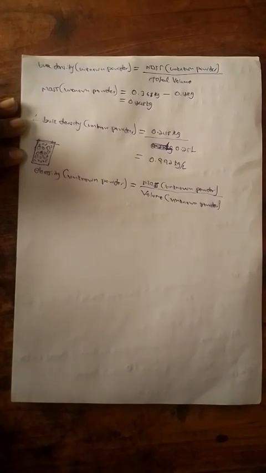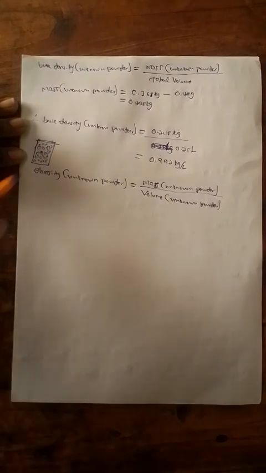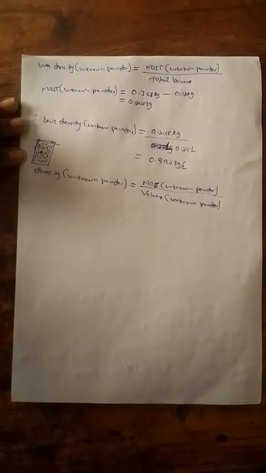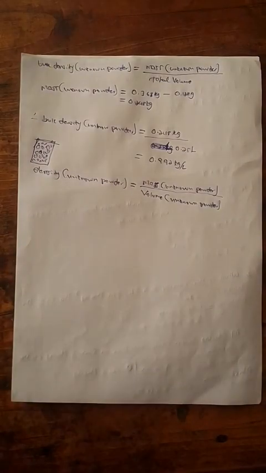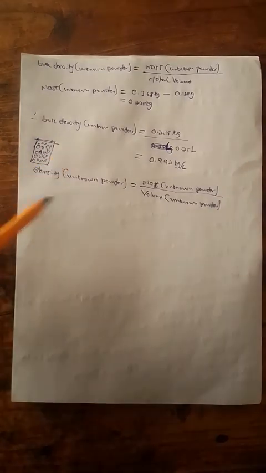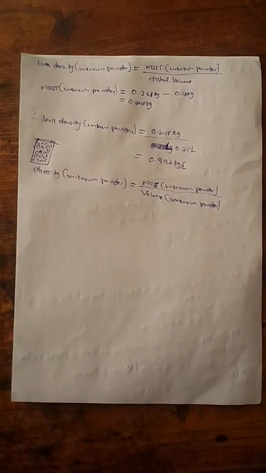So the particles of the unknown powder occupy a particular volume, and the remainder of the volume, before you add the ethanol, is void. I can say it's empty. So you have the powder particles occupying a particular space, and everywhere else there's no powder particle. It's some void, some empty space.